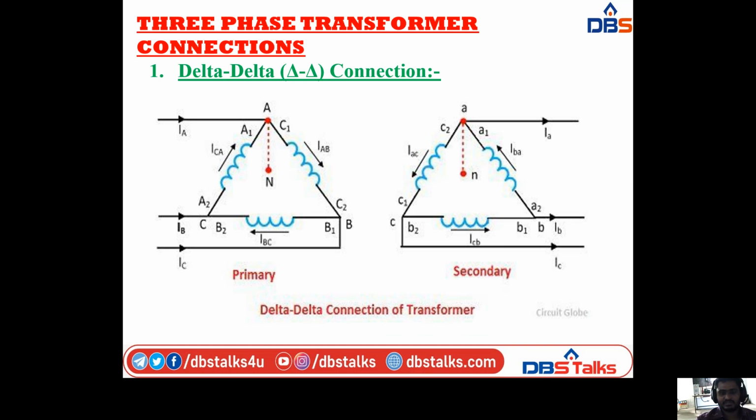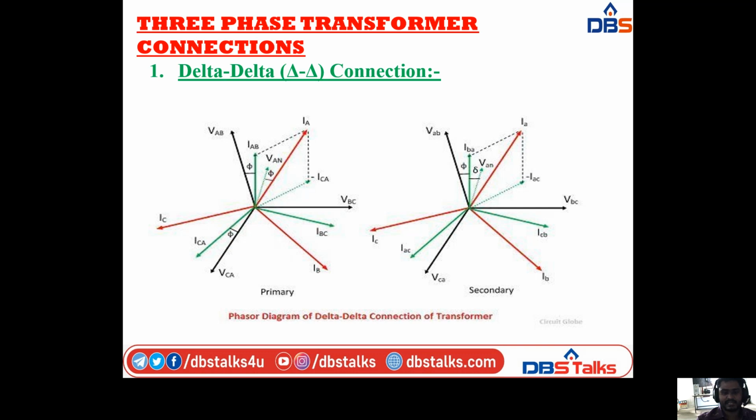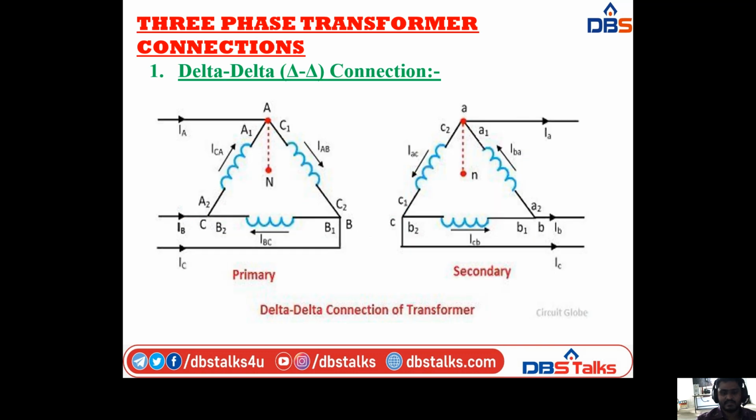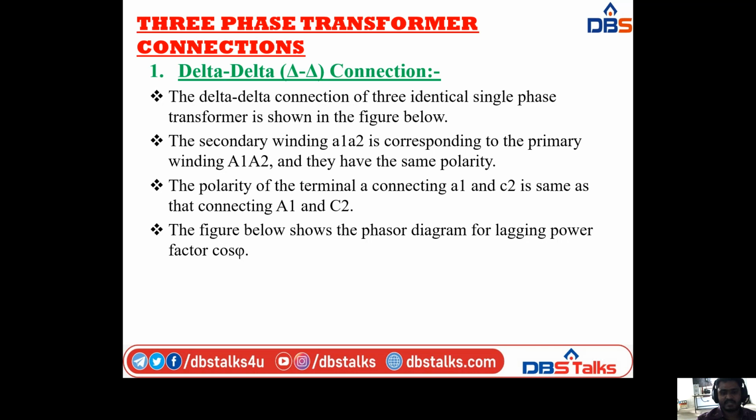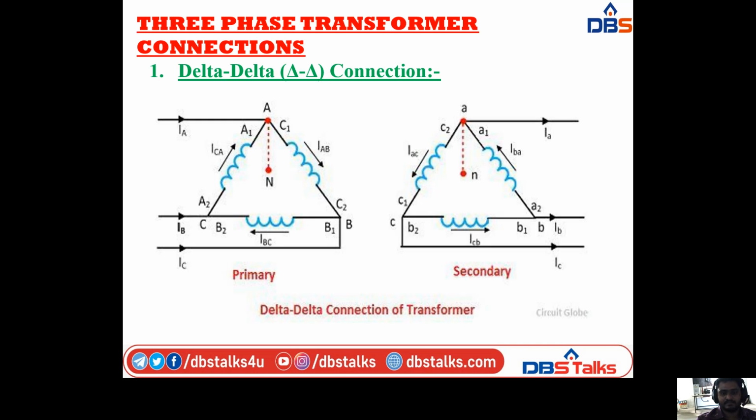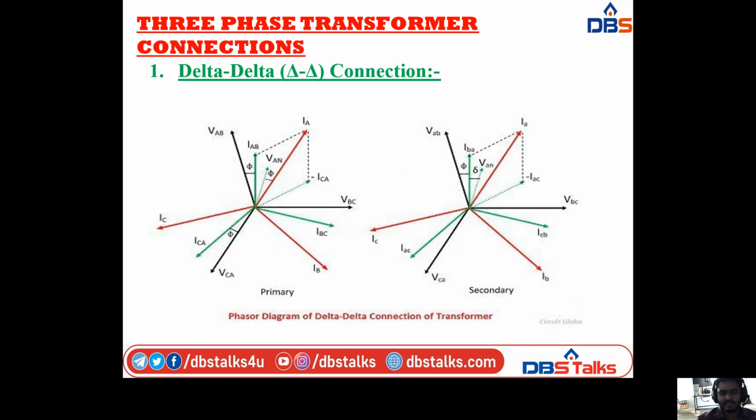The figure below shows the phasor diagram for lagging power factor. These are the phasor diagrams for the delta connection of a three-phase transformer. Here I am taking the reference phasor, that is V, and based on the voltage, the current is lagging in nature, that is IB.